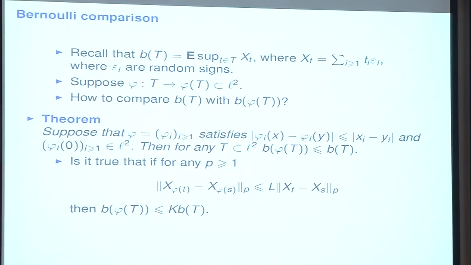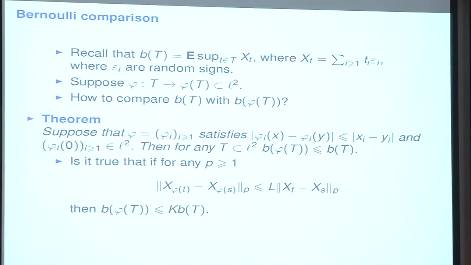And the conjecture here is as follows. Suppose we can prove that increments are dominated, so each p-th moment of an increment for one set is dominated by the p-th moment of an increment in the second set, okay? Suppose we can show this inequality.